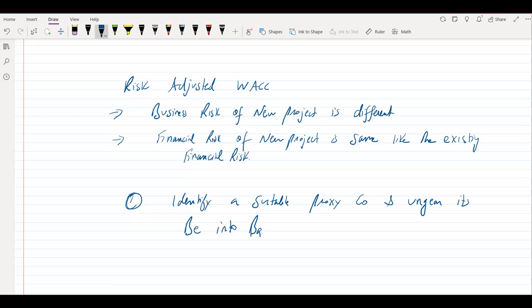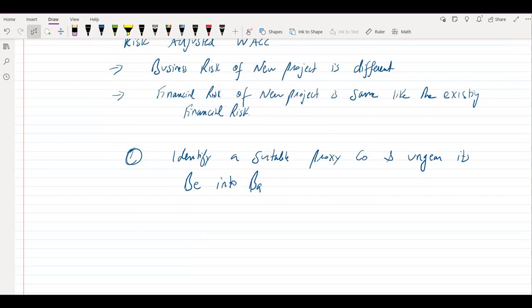By the way, it is very easy in a given question because every other company which is given in the question will be a proxy company. So you will ungear that company and calculate the beta asset. और अगर एक से ज्यादा proxy company given हुई, you will ungear both of the proxy companies and take the average of that beta.